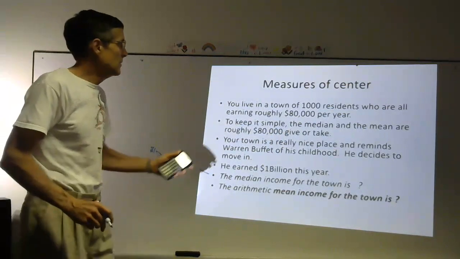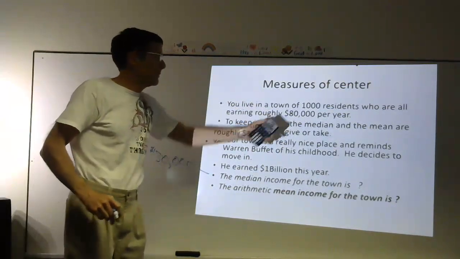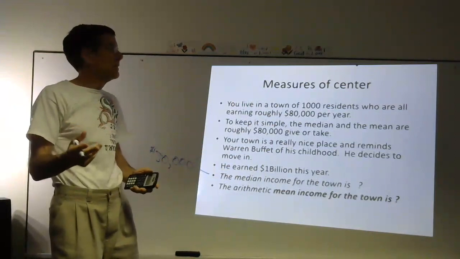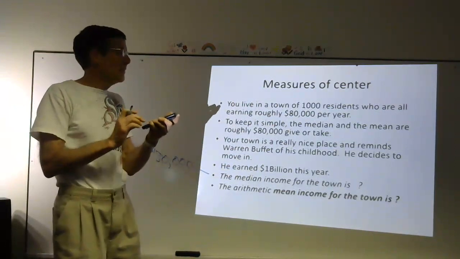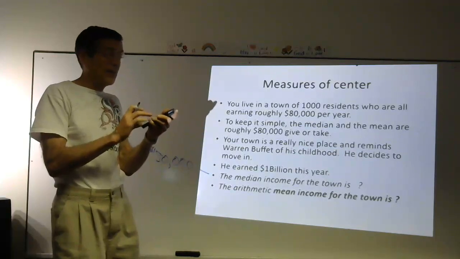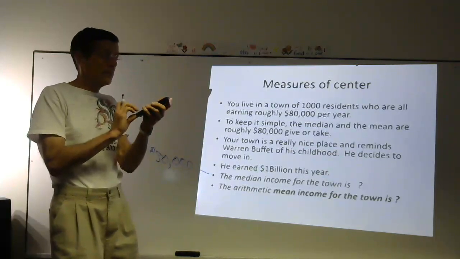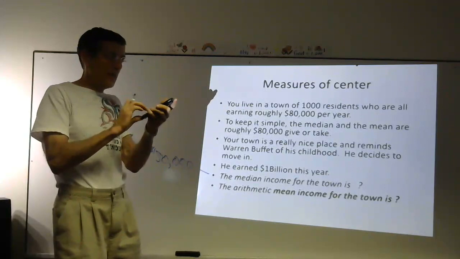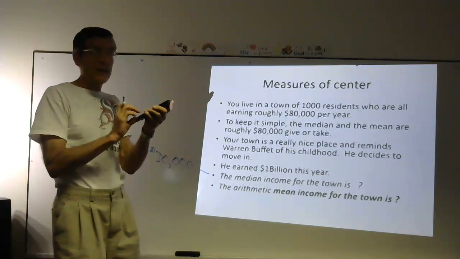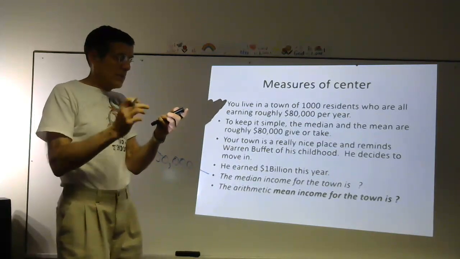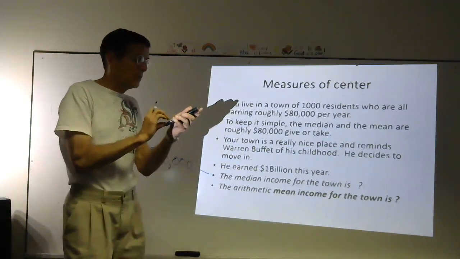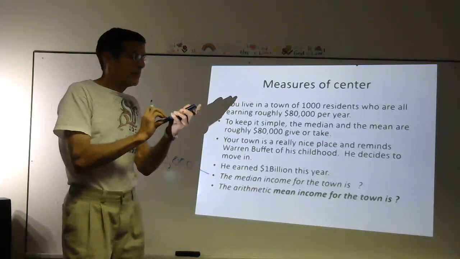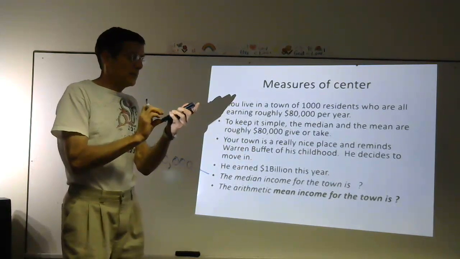But what about the mean? You've got 1,000 people who earn 80,000. So let's add up 1,000 80,000s. What's the easy way to add up 1,000 80,000s? We're going to take 1,000 times 80,000. Got it? And now we have to add on Warren's income, which is 1 billion, a 1 and 9 zeros.